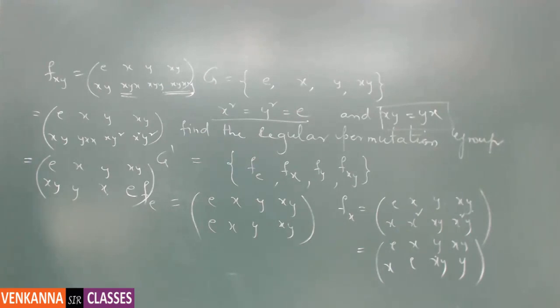So in this way, we construct the regular permutation group, which is isomorphic to the given group G. So please take a note of this, and then we start another interesting chapter, that is cyclic groups.